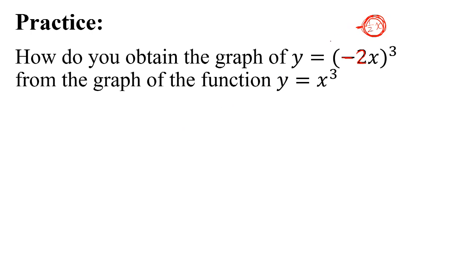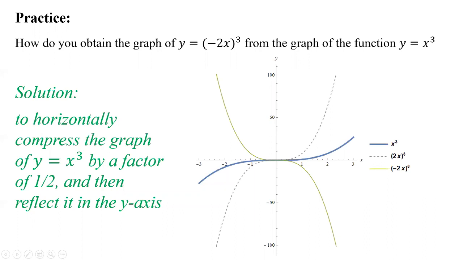And then reflect the graph in the y-axis, right? Okay, so the solution is, in order to get the new function, we need to horizontally compress the graph of y equals x cubed by a factor of 1/2, and then reflect it in the y-axis.